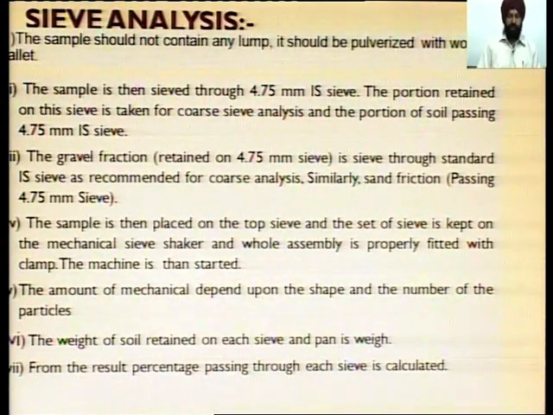The sample should not contain any lumps. It should be pulverized with a wooden mallet. The sample is then sieved through a 4.75 mm IS sieve. The portion retained on the sieve is taken for coarse sieve analysis, and the portion of the soil passing the 4.75 mm IS sieve is taken for fine sieve analysis.